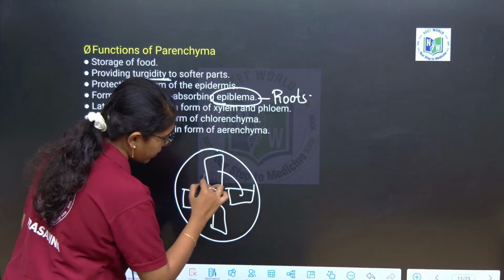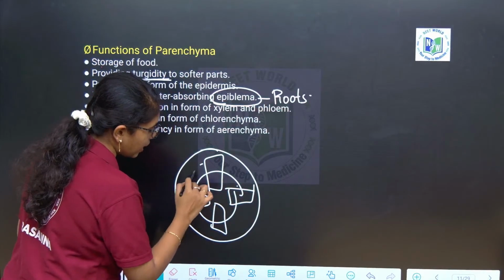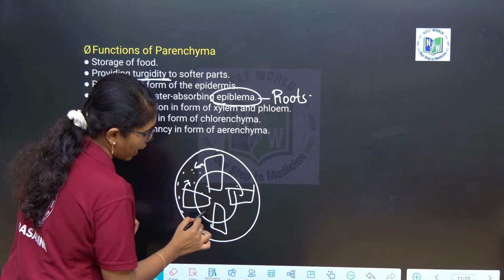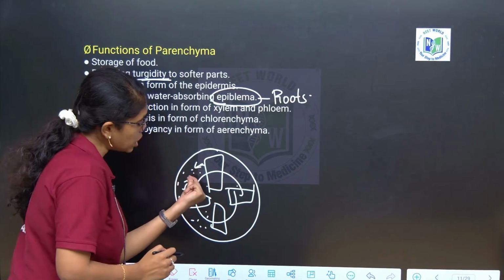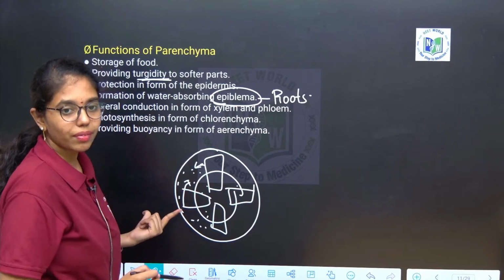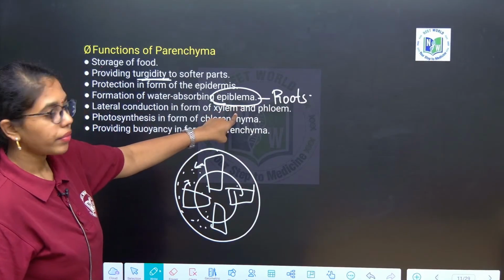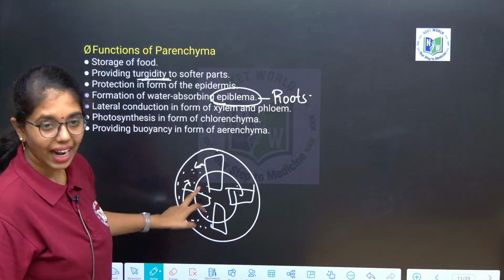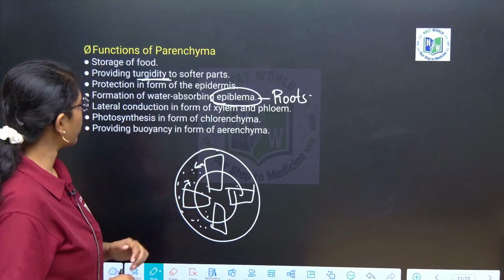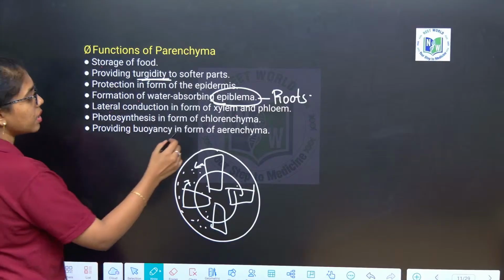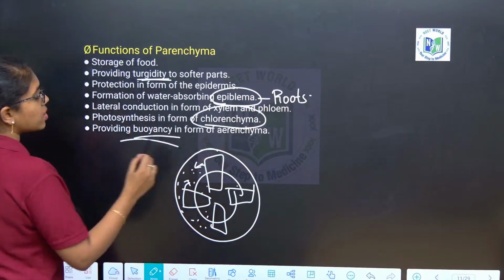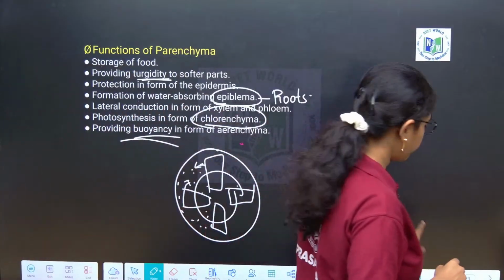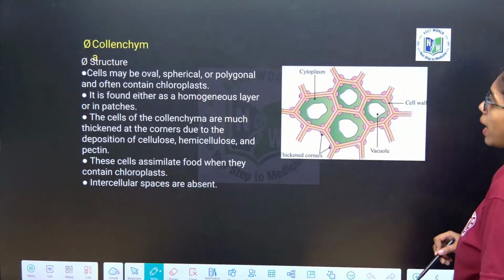These cells are filled with parenchymatous cells only, so parenchyma is promoting the lateral conduction between xylem and phloem. Next, photosynthesis, if it is chlorenchyma, and buoyancy of aquatic plants in the form of aerenchyma. These are the functions of parenchyma.